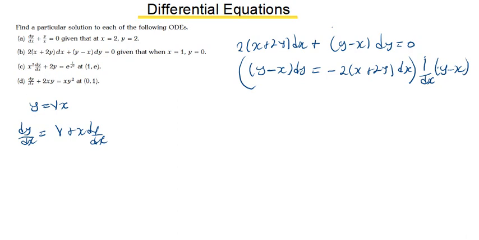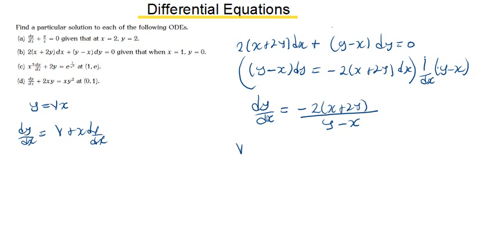What I'm going to have is dy/dx equals negative (2x plus 2y), divided by y minus x. So now we already know what our dy/dx is.